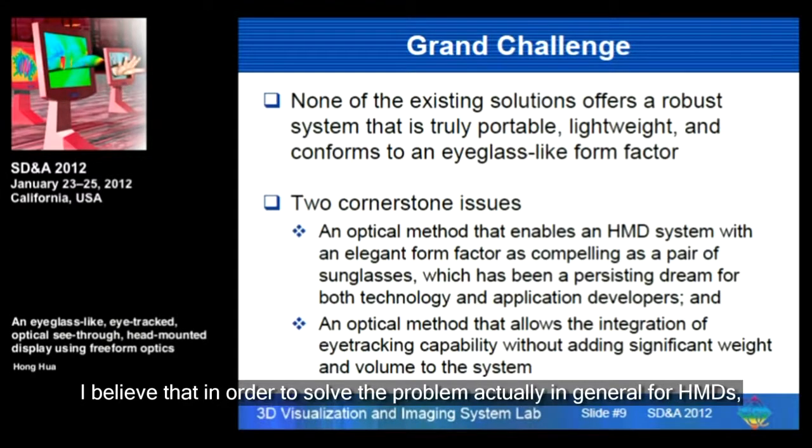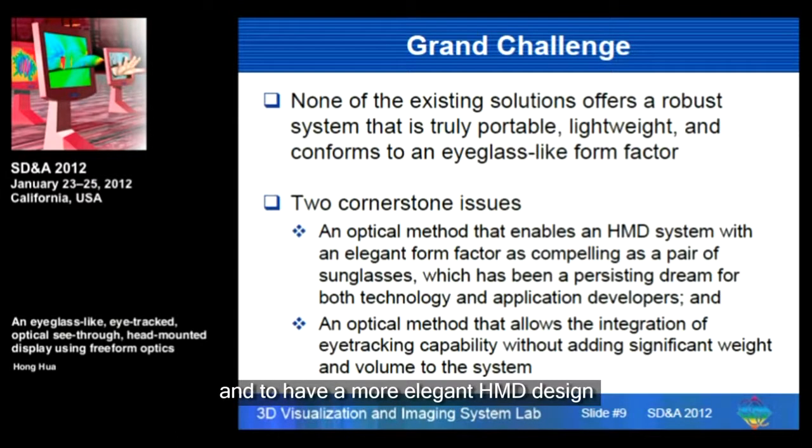And I believe that in order to solve that problem, actually in general for HMD, and to have a more elegant HMD design, we first need to have an optical approach that enables a HMD that we can create a very elegant form factor, could be as compelling as a pair of sunglasses. This actually recent years has been quite a hot topic in the HMD development community.